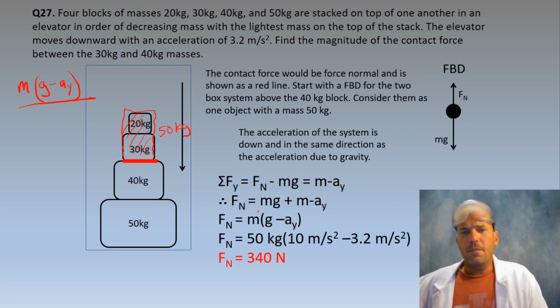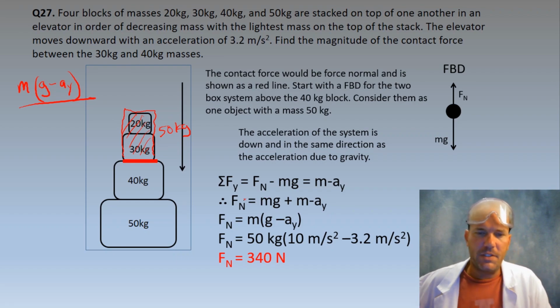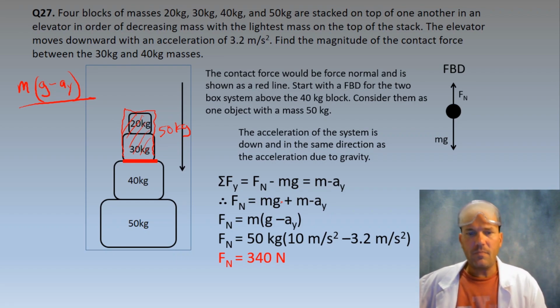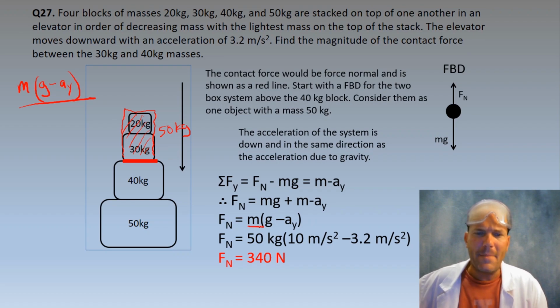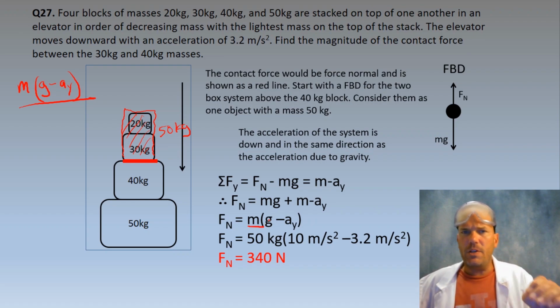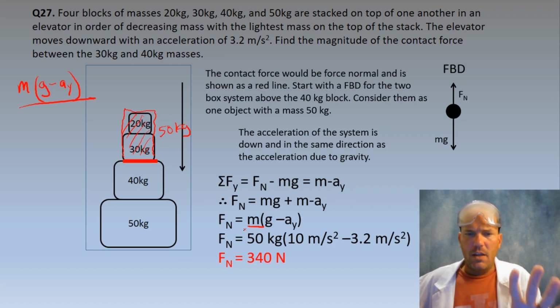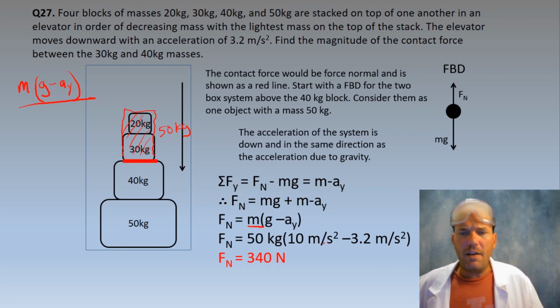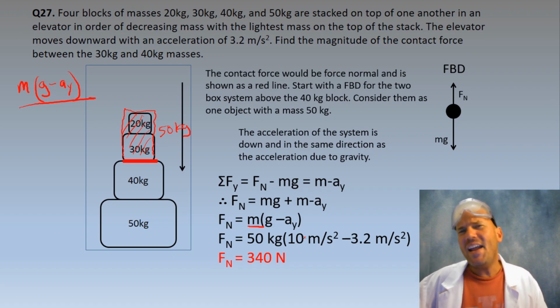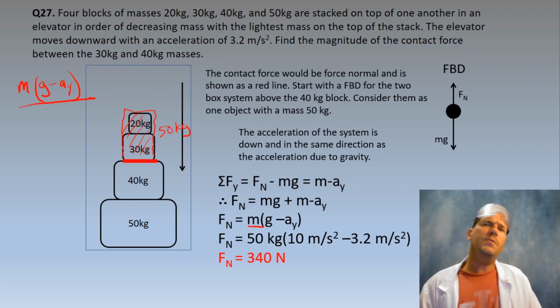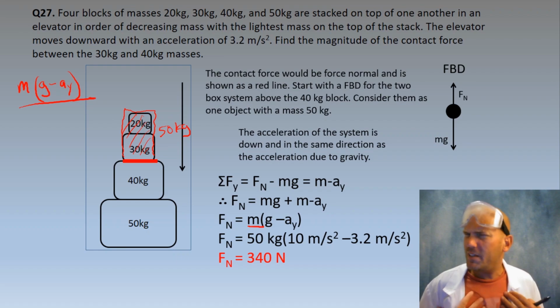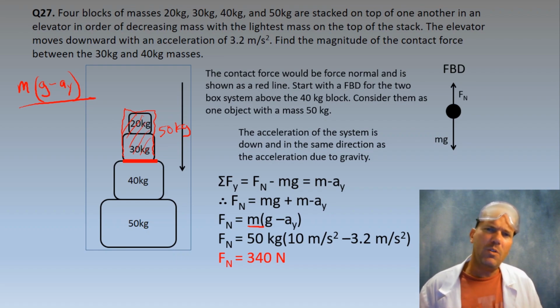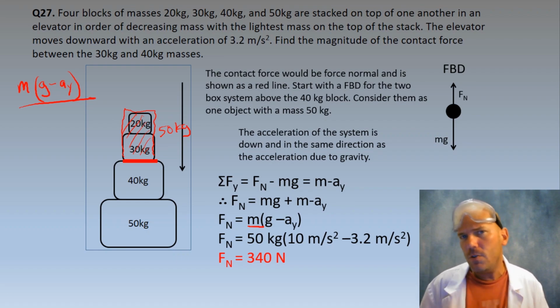So when I solve for force normal, which is the contact force, and I factor out the mass, which is 30 plus 20, I get that I am subtracting, just as I said at the beginning of this problem, the acceleration of the system from the acceleration due to gravity, which means I'm getting 10 minus 3.2. Which means force normal is not what we would expect. If it were in equilibrium, it would be 500 newtons.